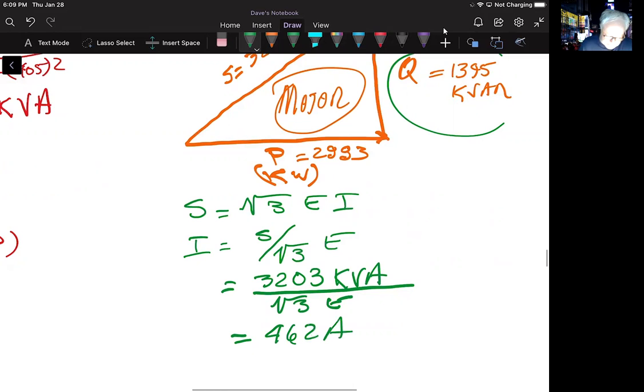And if I come out with that, the motor line current comes out to be 462 amps. Okay, you say, well, wait a minute, the transmission line current was 420 and the motor line current is 462. Okay, the capacitor, think about how its direction is and it's returning.